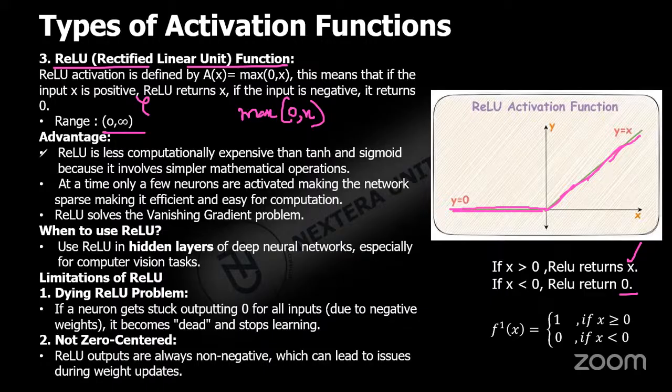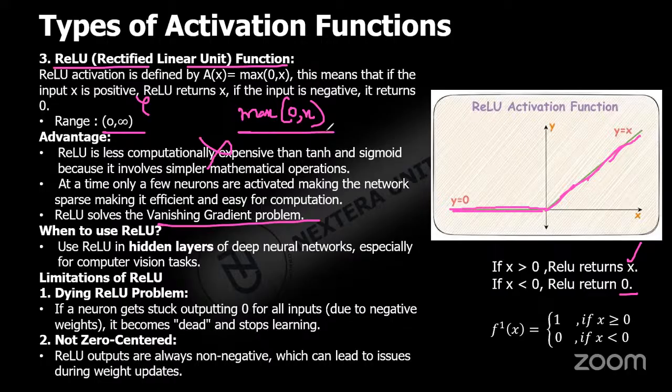So what are the advantages when we use ReLU? The first and foremost advantage: the vanishing gradient problem that we have with both sigmoid and tanh functions was solved by the ReLU activation function. And it is not computationally expensive.